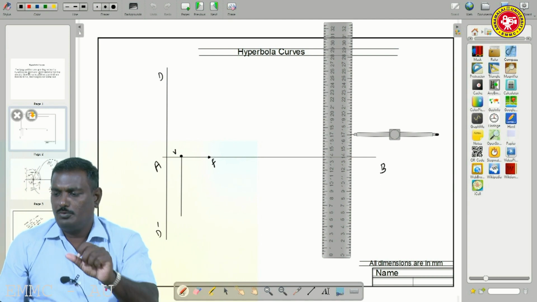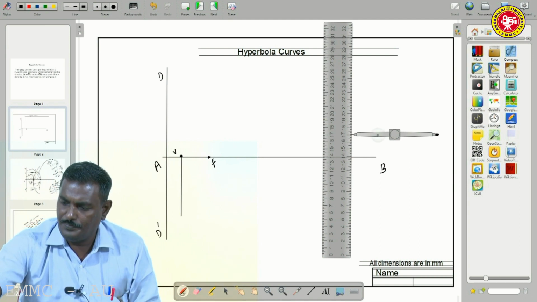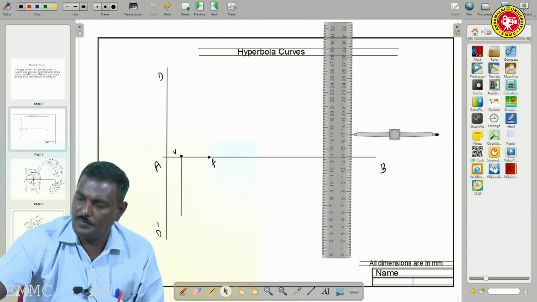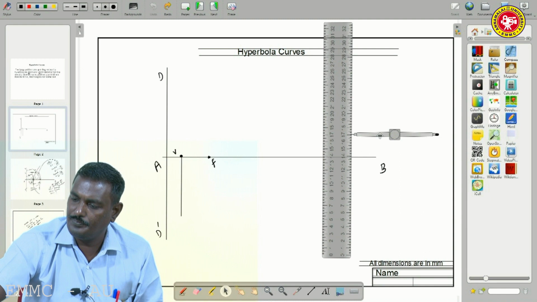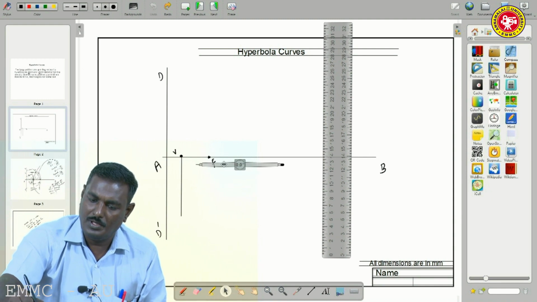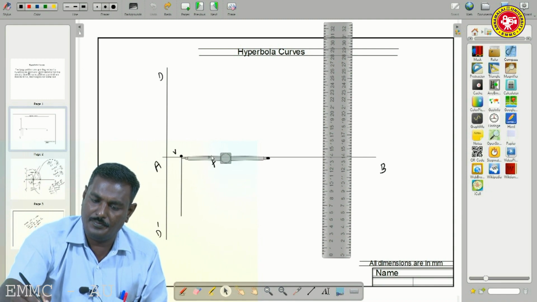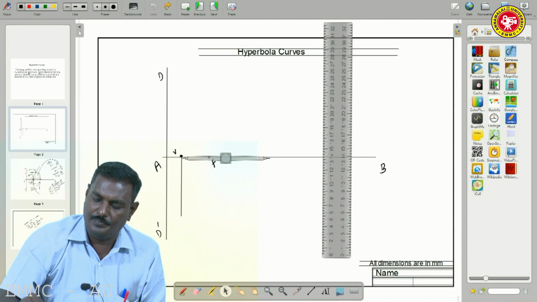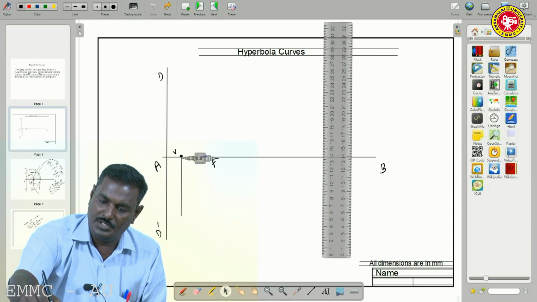Take the compass, and from point V, measure the distance. Yeah, this is the problem.